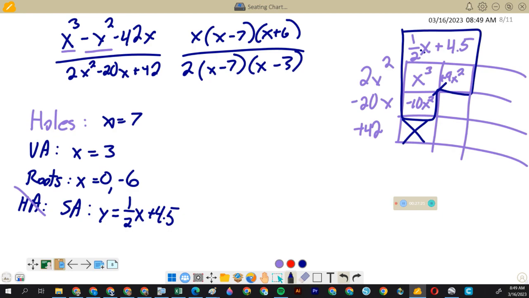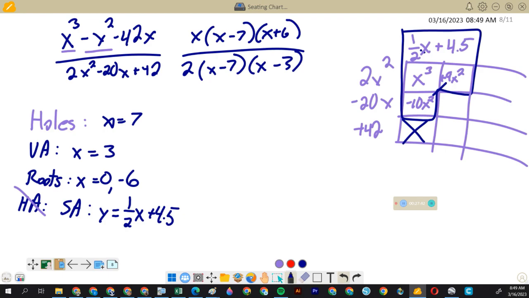Any questions about that? Do you think you guys can recreate that? So if the top is bigger than the bottom, then you have a slanted asymptote. To find the slanted asymptote, just do division, but you only have to do part of the division and then you can stop. You don't have to finish it out.